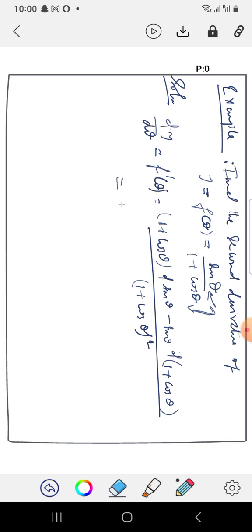So this is going to give us 1 plus cos theta times cos theta minus sine theta.